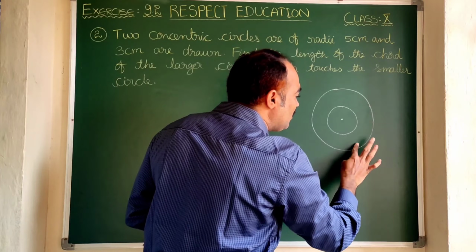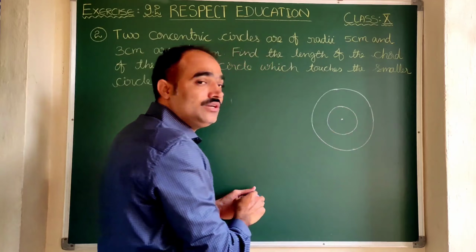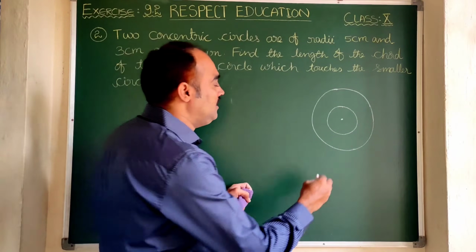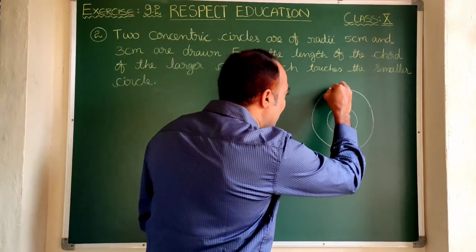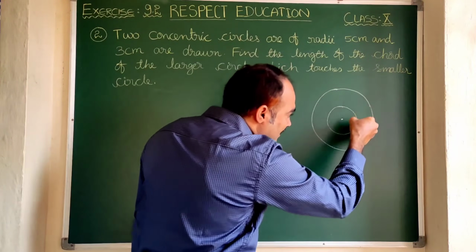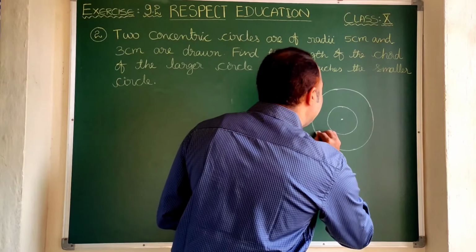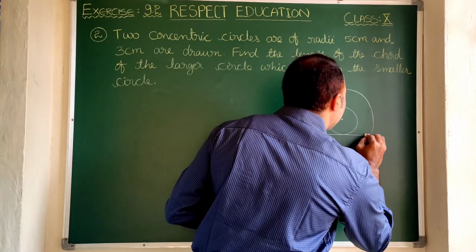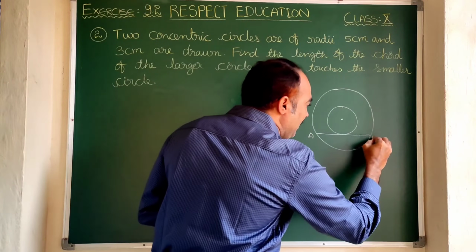Then which is the suitable chord? You have to draw a chord of the larger circle that should touch the smaller circle. So let us draw a chord like this, or like this, or slanted, however you want. So here I am drawing in this way, right? So here let us label it as AB.